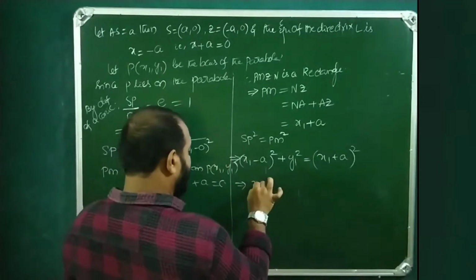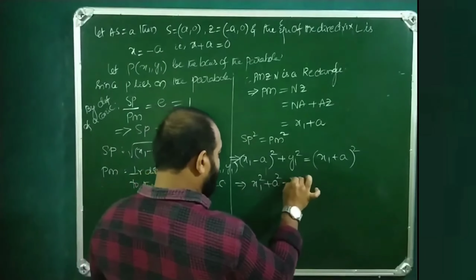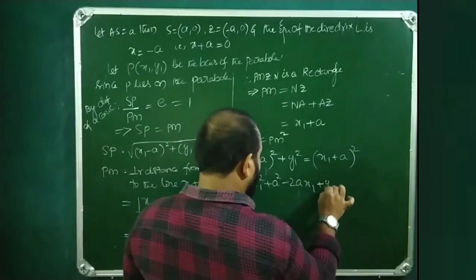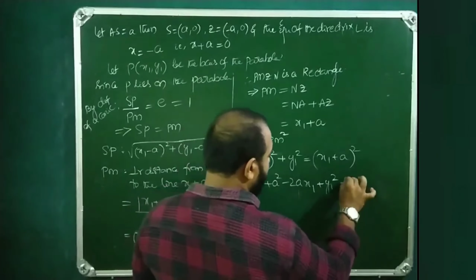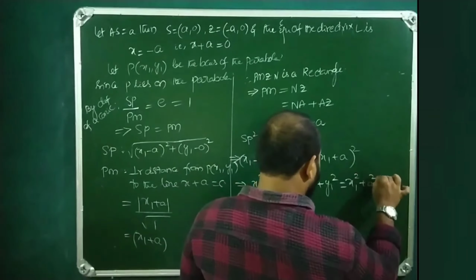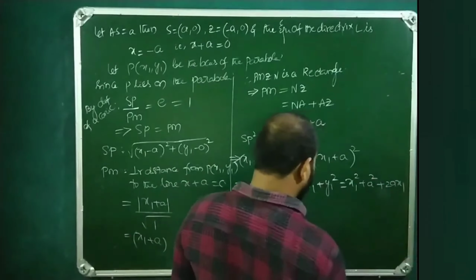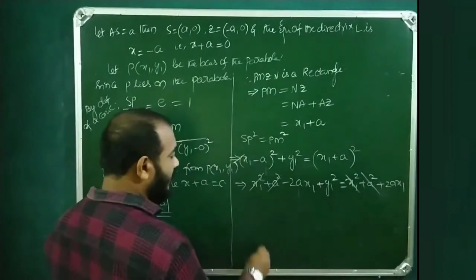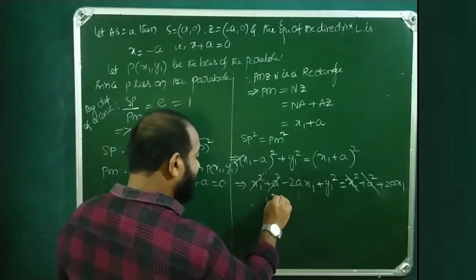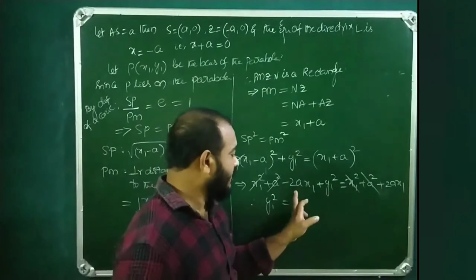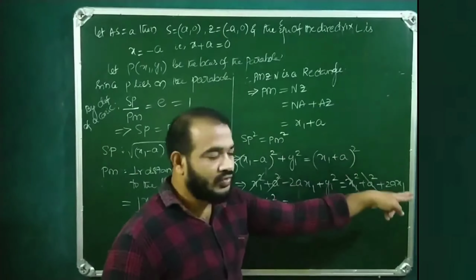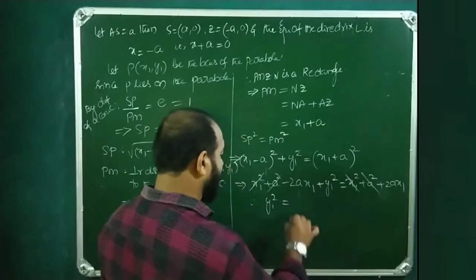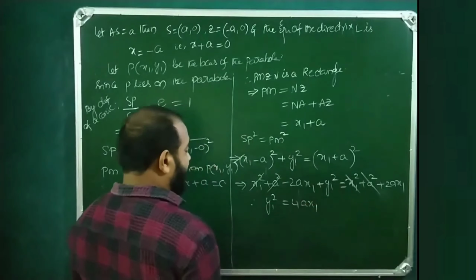Now x1 square plus a square minus 2a x1 plus y1 square is equal to x1 square plus a square plus 2a x1. x1 square and a square get cancelled. Therefore, y1 square is equal to this minus 2a x1. If you transpose to that side, 2a x1 plus 2a x1, 4a x1.